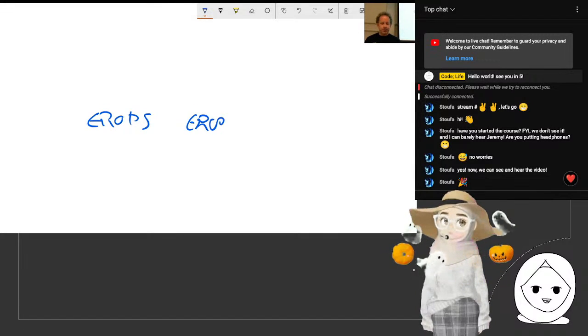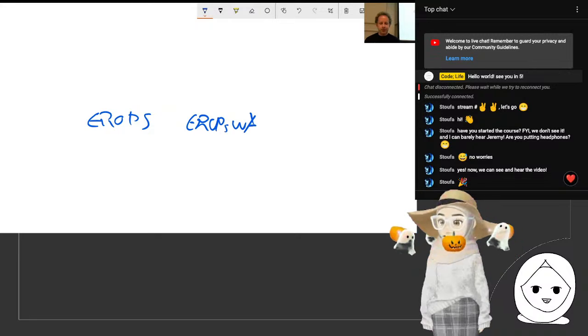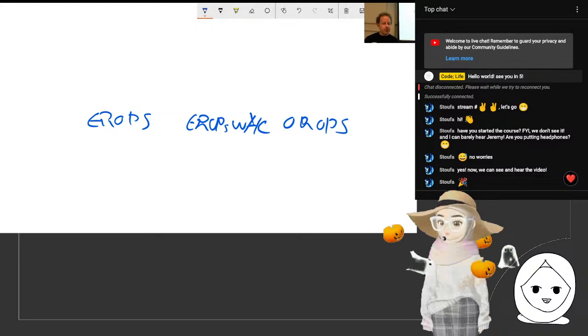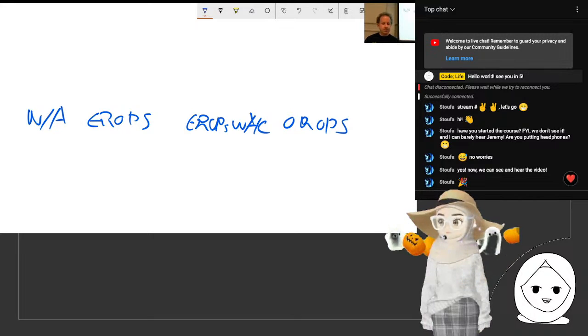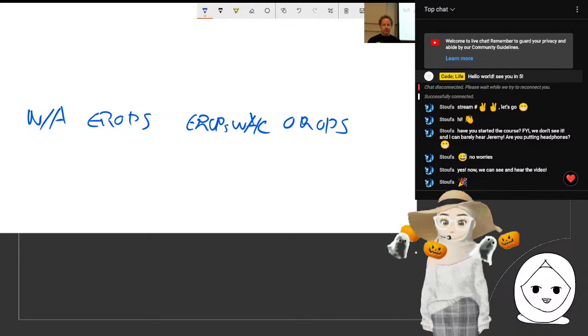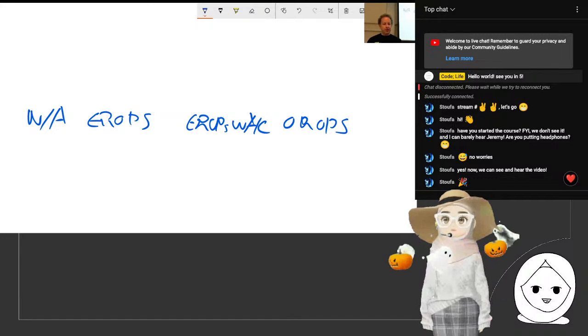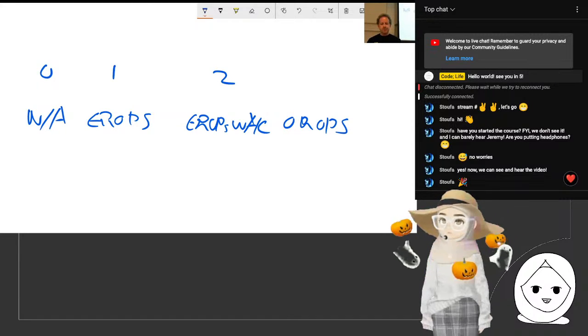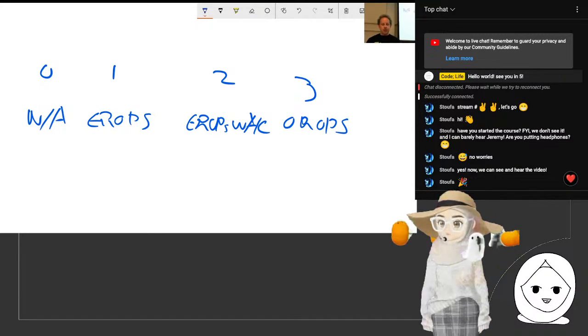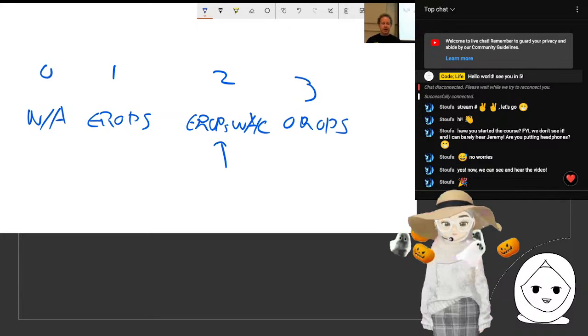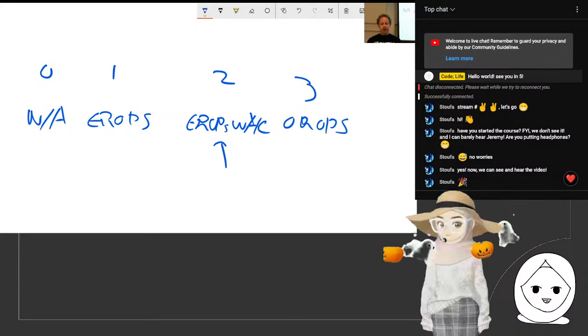EROPS with a C, OROPS, and whatever, and we arbitrarily label them like this. Actually we know that all that really mattered was whether it had air conditioning. So what's going to happen?